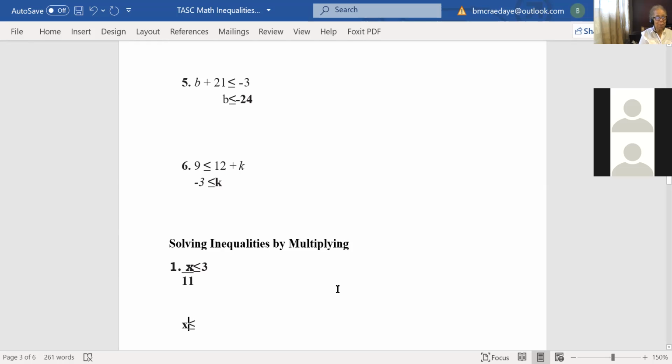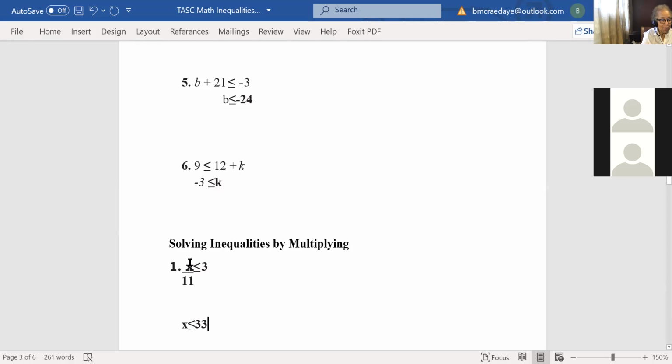So what will I multiply here? 3 by 11. I multiply both sides by 11. And what's 11 times 3? 33. That's your answer. So x is less than or equal to 33. And 33 divided by 11 is less than or equal to 3 because it's equal to 3, right?